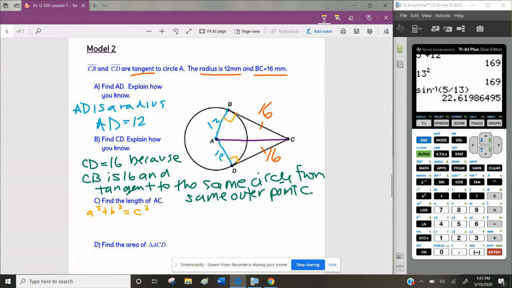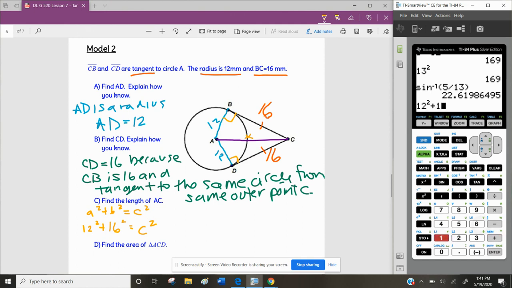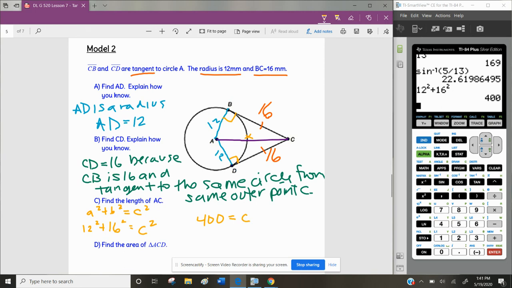And so I'm looking for AC, which is the hypotenuse of either of these right triangles here, either the top one or the bottom one. So I'm going to have 12 squared plus 16 squared equals C squared. 12 squared plus 16 squared is 400 equals C squared. The opposite of squaring is taking a square root. And we know that that's going to be 20 for AC.